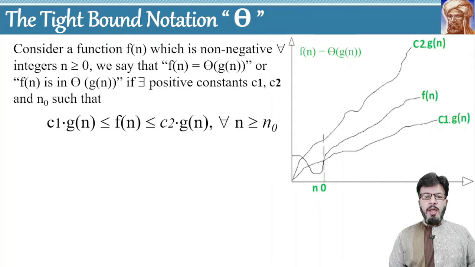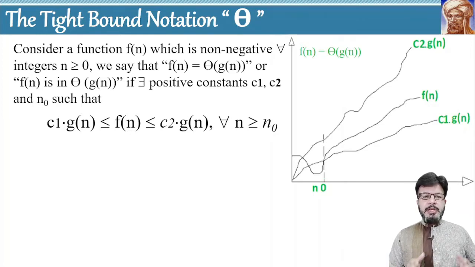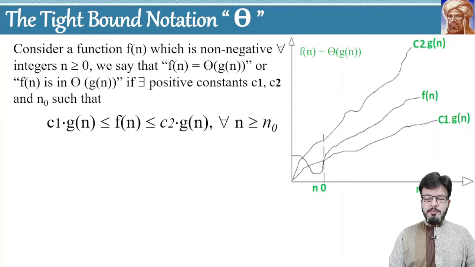So over here the function g of n becomes greater than f of n for some constant, and it becomes less than f of n for some other constant. So this definition is for theta notation.